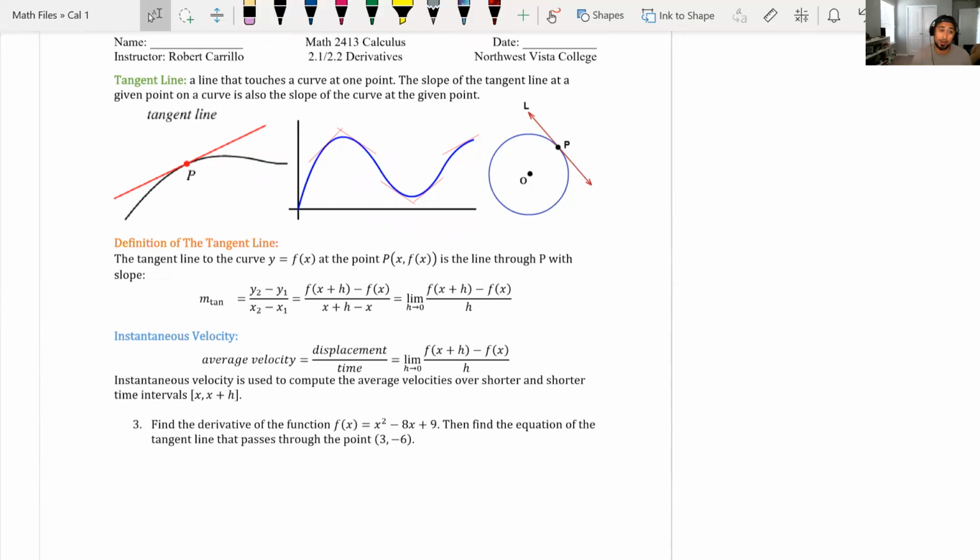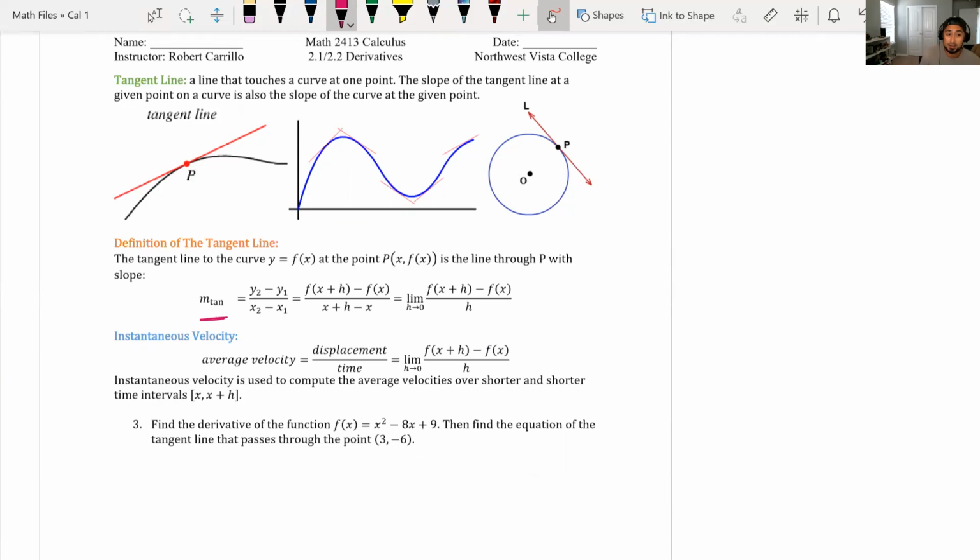Just what I said, right? All right. So this means if you make the connection, the slope of the tangent line must also be the derivative, because the derivative finds the slope at exactly one point. Therefore, you will use the same formula to find the slope of the tangent line.